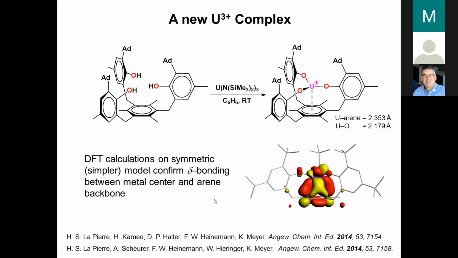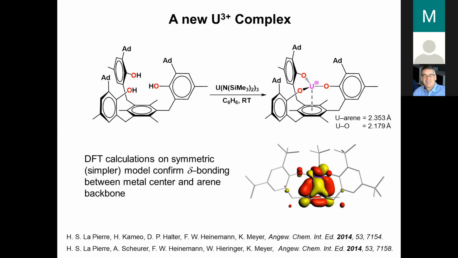What is introduced to you in less than two minutes on two quick slides actually took the postdoc life of two postdocs and some of my work time as a grad student to finally synthesize this ligand by itself and then successfully synthesize the uranium complex. So we were very relieved when, after severe effort, we finally had this molecule in hand, we could crystallize it, and see everything worked as planned.